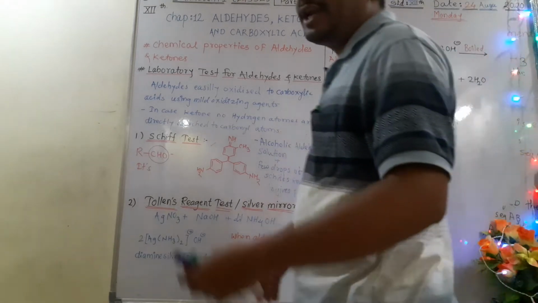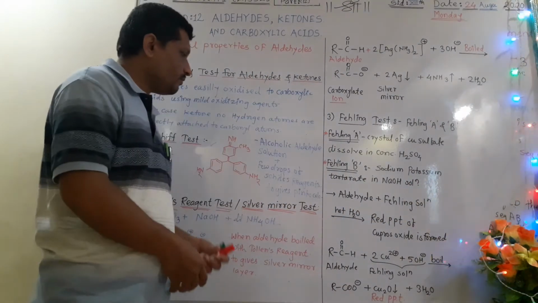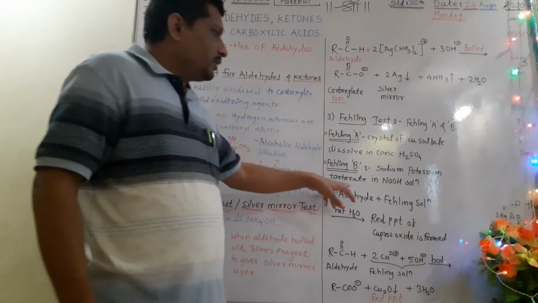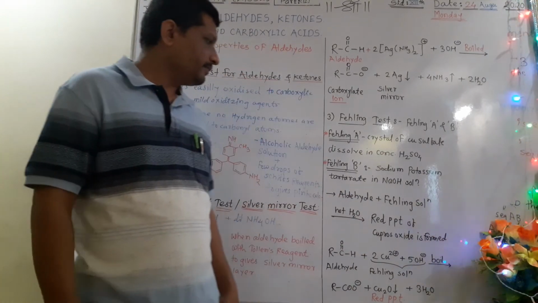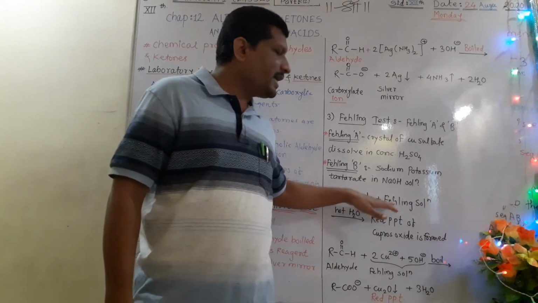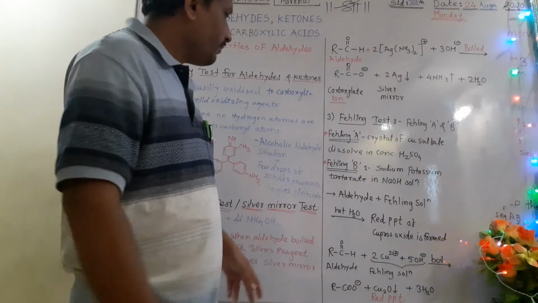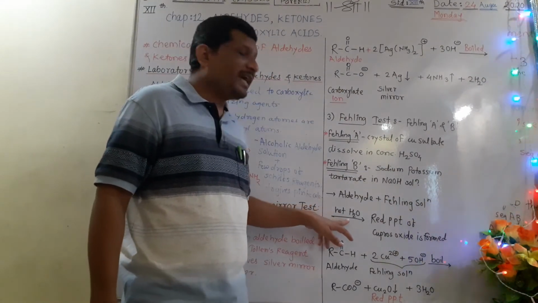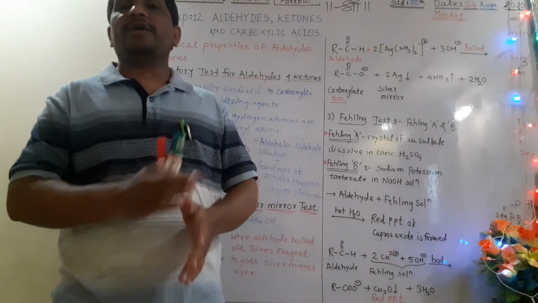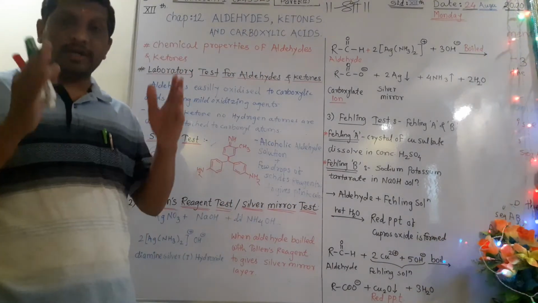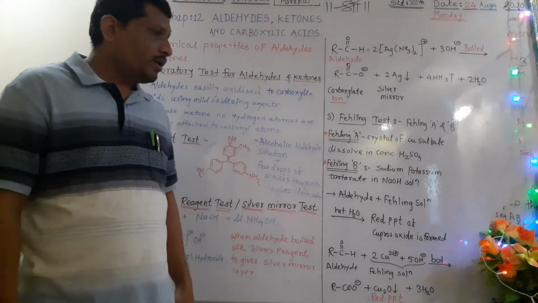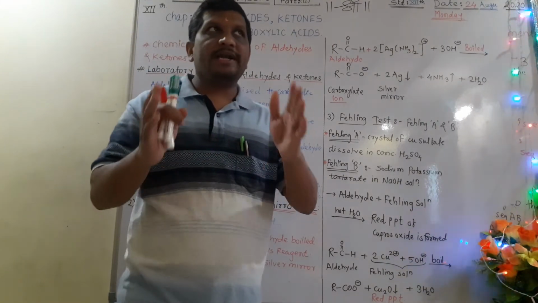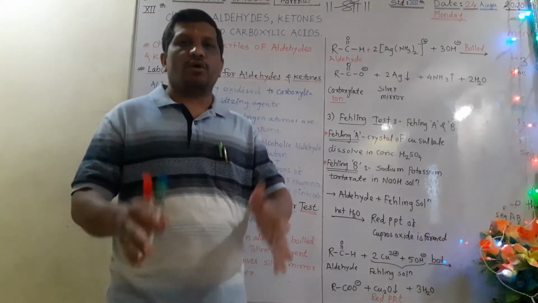Now how to identify, we see here: the aldehyde plus Fehling's solution reacts in the presence of hot water to give the red precipitate, the red color precipitate of cuprous oxide.